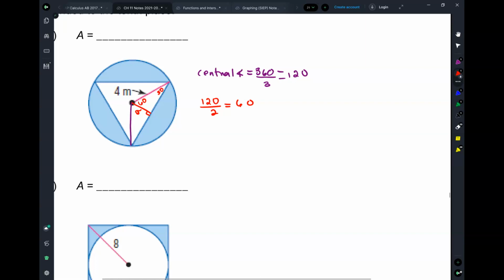And the short leg happens to be the apothem. Now we also have to find the side of the triangle. This much here is the long leg, so it's 2 root 3, which means this entire thing is 4 root 3.